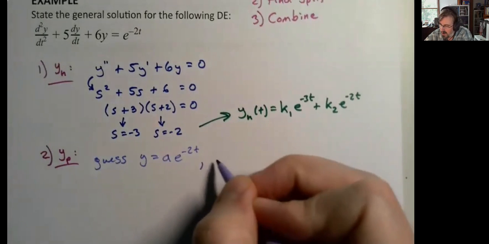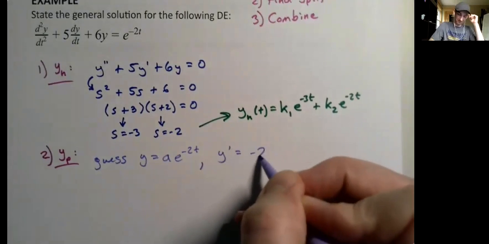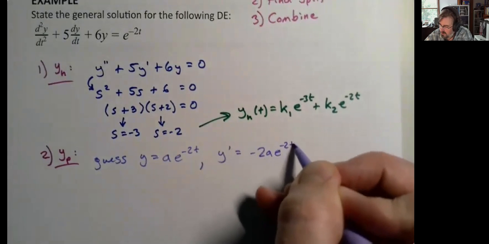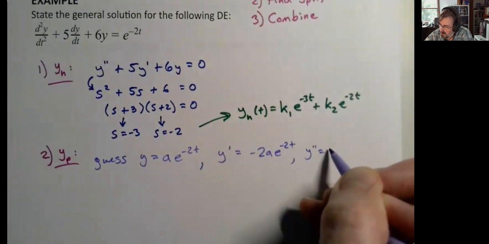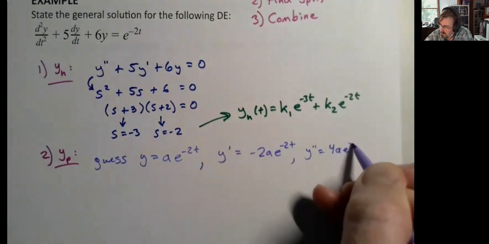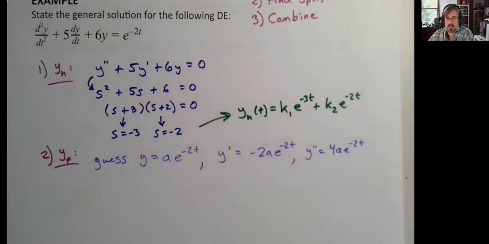So that's our y. Y prime is just going to be negative 2a e to the minus 2t. And y double prime is going to be 4a e to the minus 2t. And if you're playing the at-home game, you can probably see this coming a mile away.